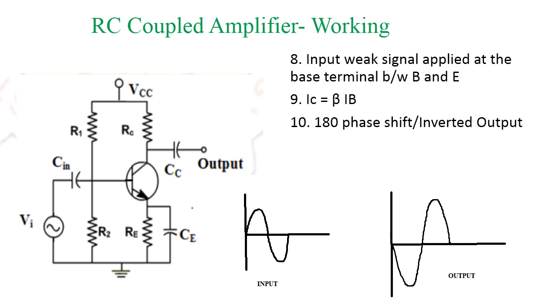Okay, in the previous module, while studying common emitter configuration, the current gain is equal to beta is equal to IC by IB, or IC is equal to beta IB, where beta is the amplification factor.